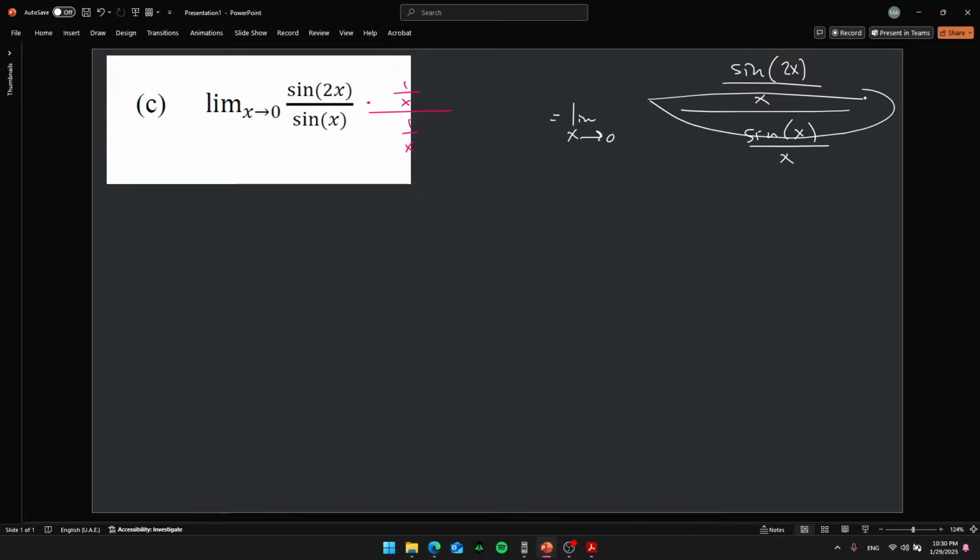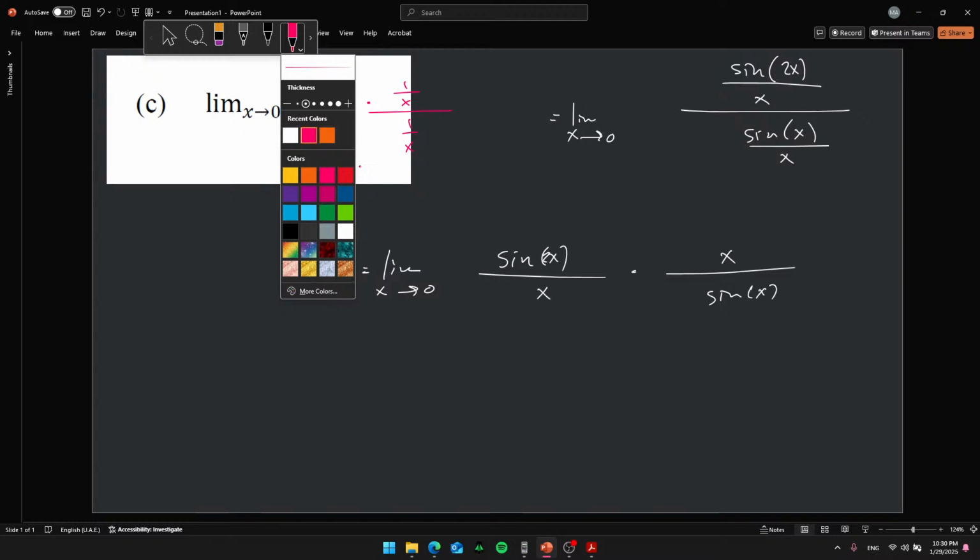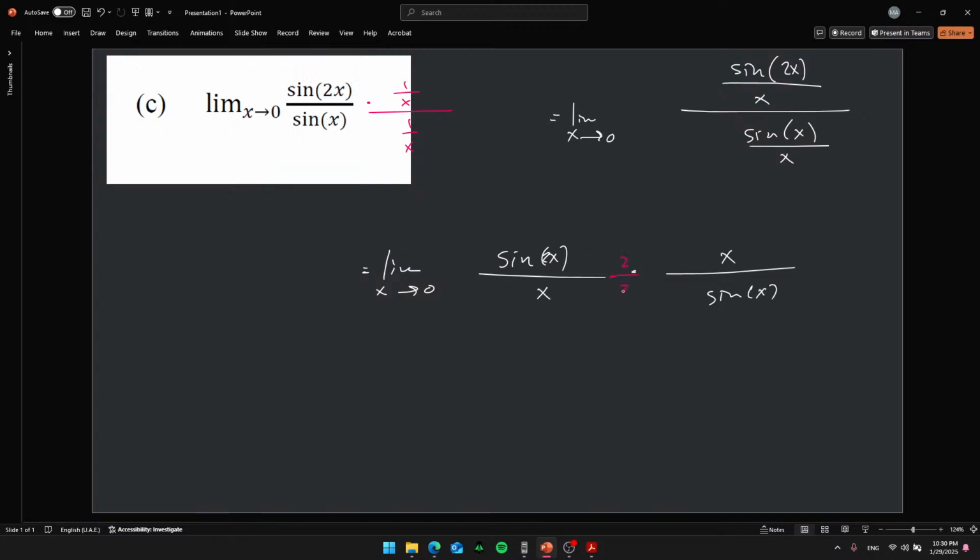Now convert the division to multiplication. I showed you how: keep the top fraction as it is and flip the bottom. This one has a 2 here, so multiply by 2 over 2.